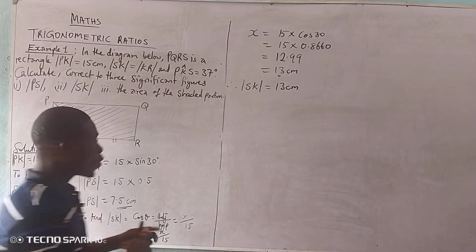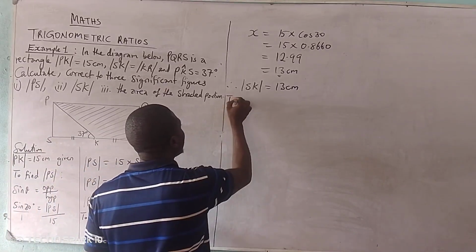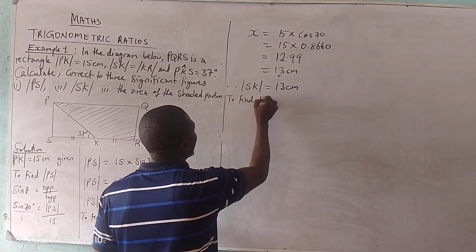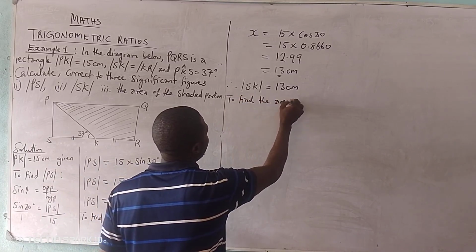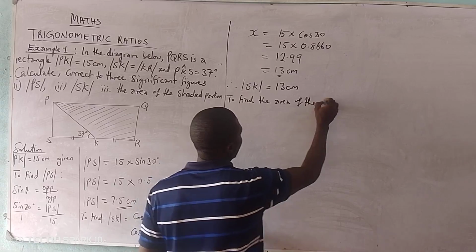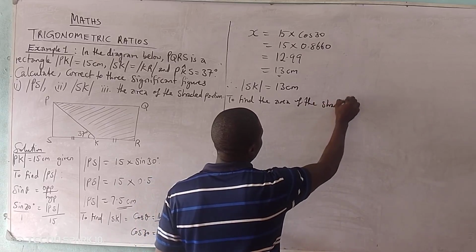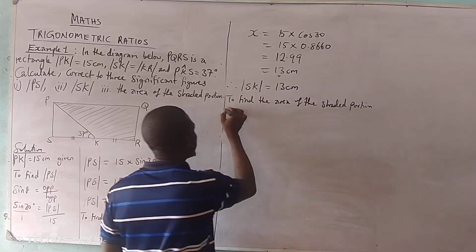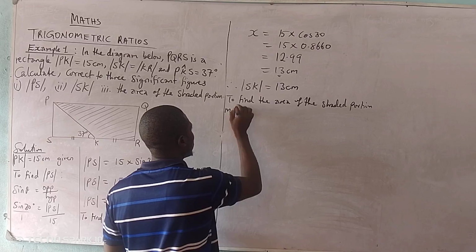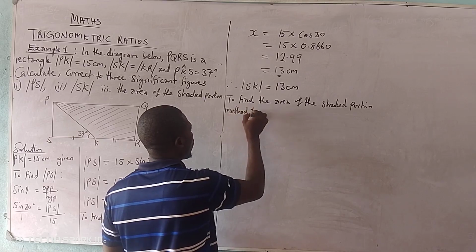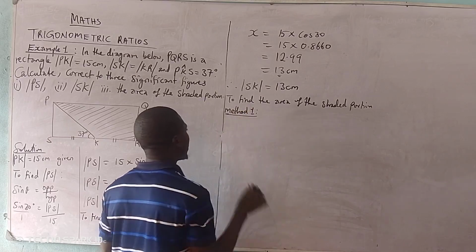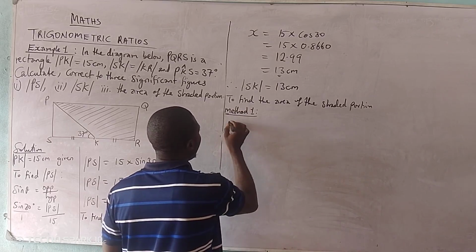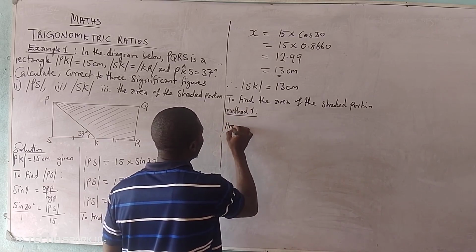So now, method 1, to find the area of the shaded portion.